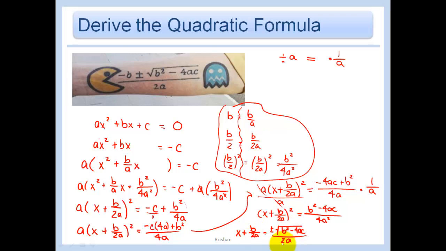And now I'm just going to subtract the b over 2a to this side. So I get x equals negative b over 2a plus or minus root b squared minus 4ac all over 2a. And if I just wanted to get that one common denominator, that is what I have.